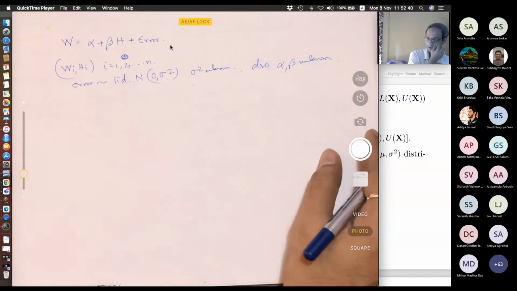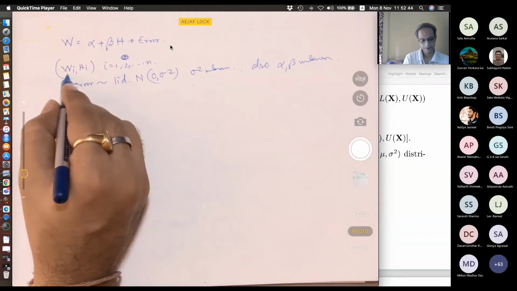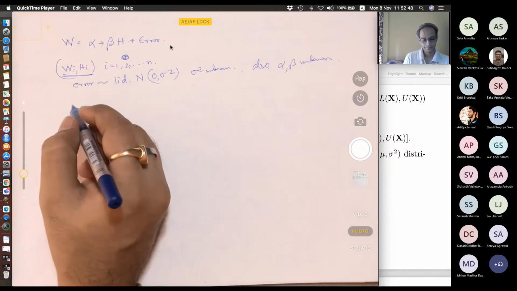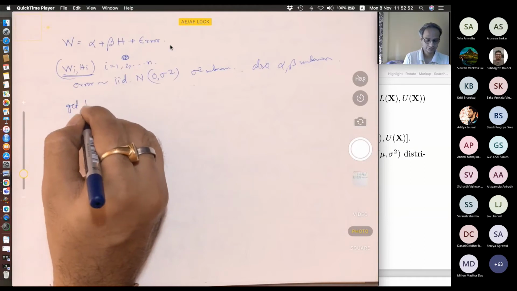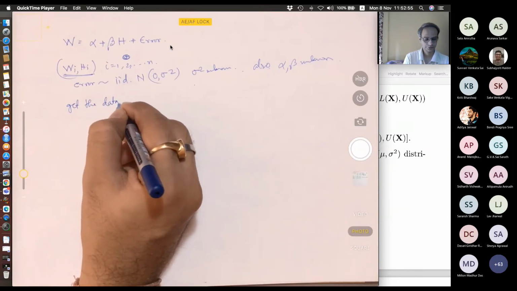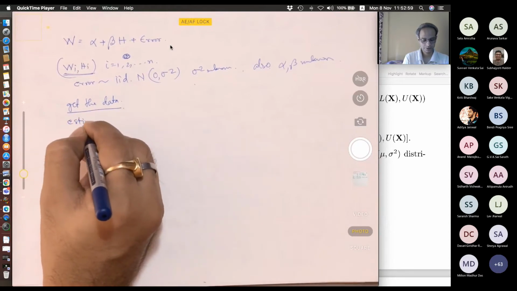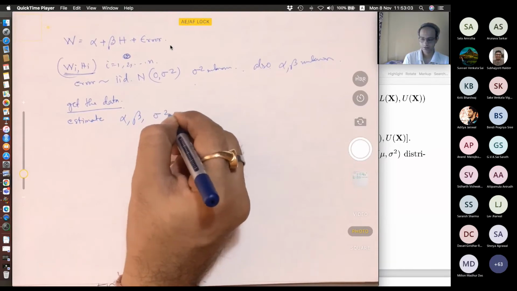So first, get the data like this, paired observations W_i, H_i. Then estimate alpha, beta, and sigma square from the data.